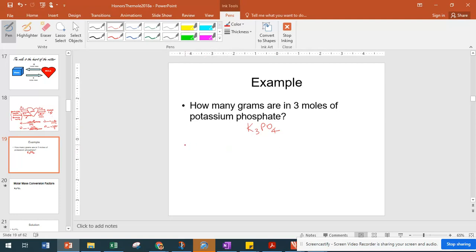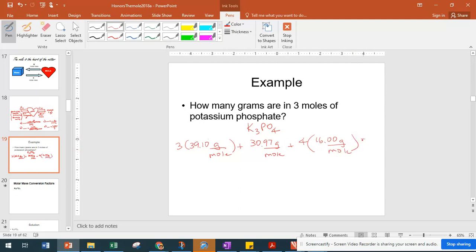We have 3 potassiums, so 3 times 39.10 grams per mole, plus 1 phosphorus, so 30.97 grams per mole, plus 4 times 16 grams per mole.